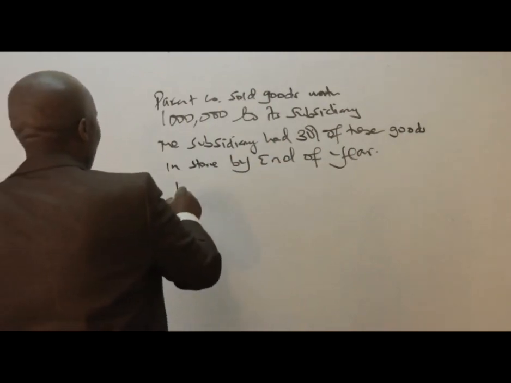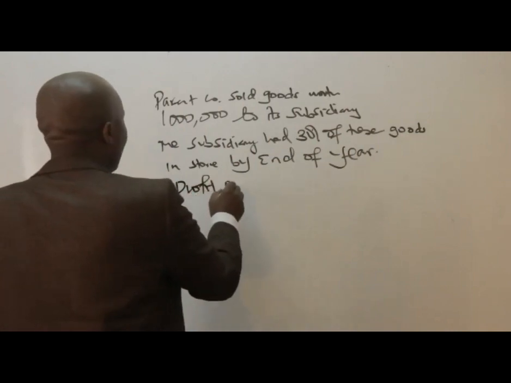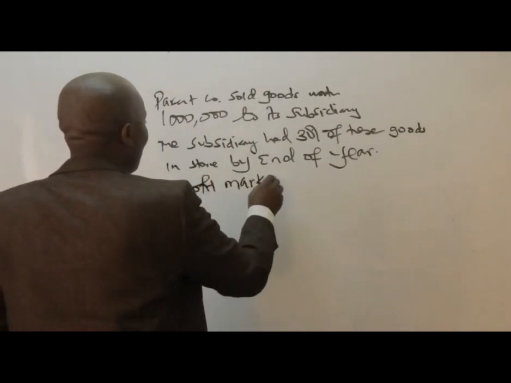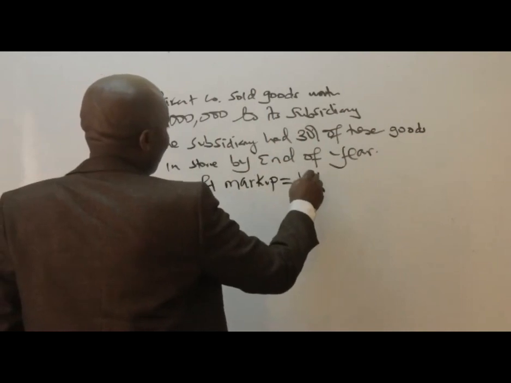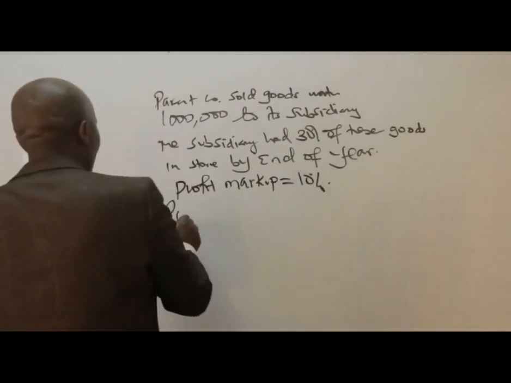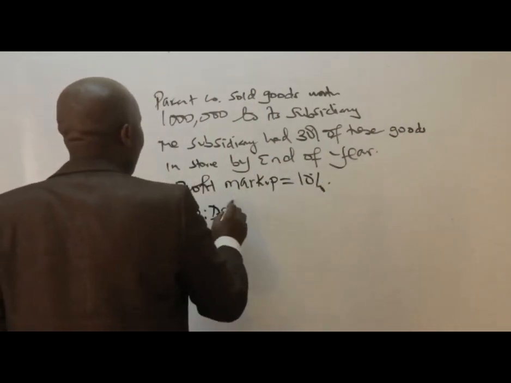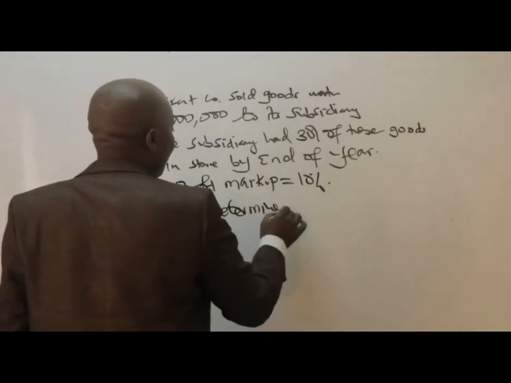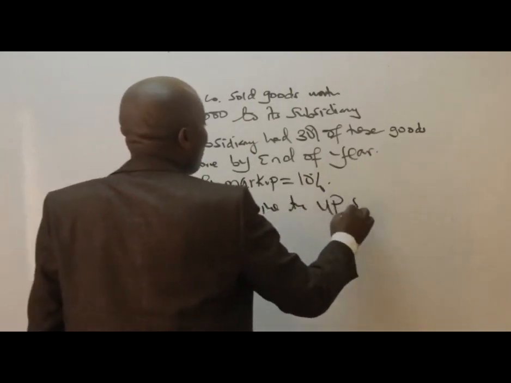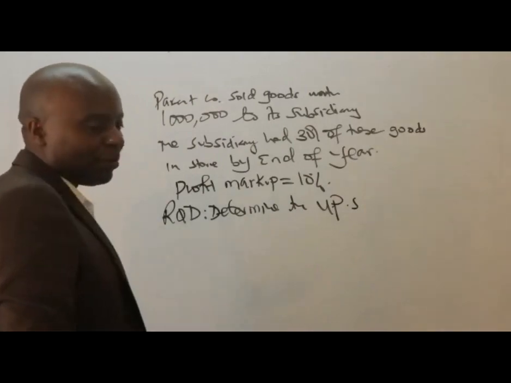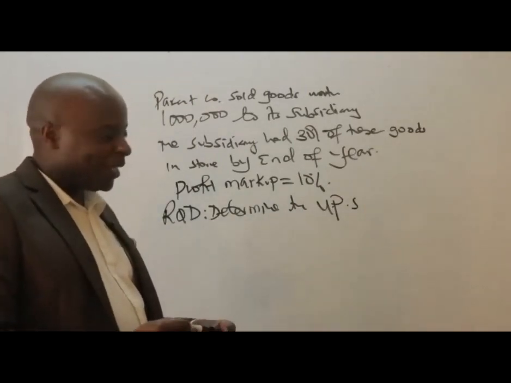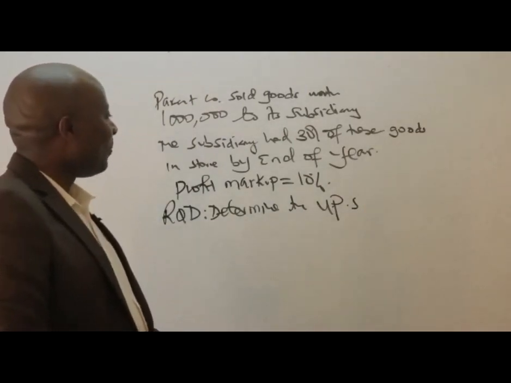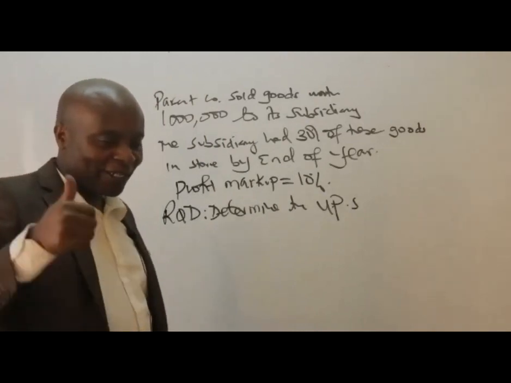The profit markup of the firm is 10%, and then we are required to determine the unrealized profit on stock.